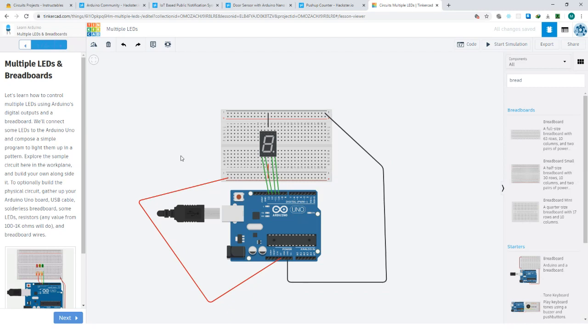Then, of course, we have pin 9, pin B, A. So where is B? Remember, this is B, A, B. Okay, so we take pin B and we can connect it to 9 here. Okay, and then so that it doesn't look so bad, let me just put some corner here.